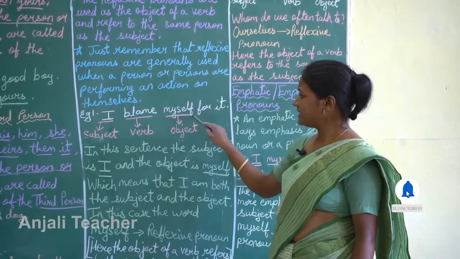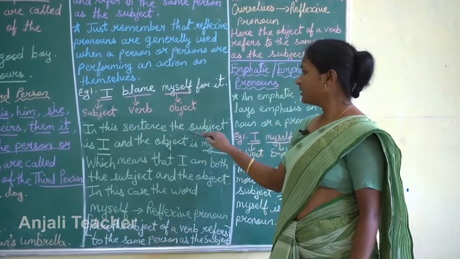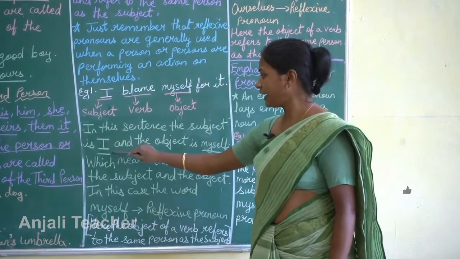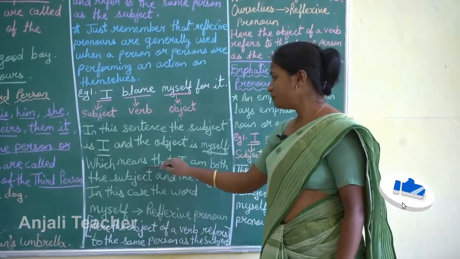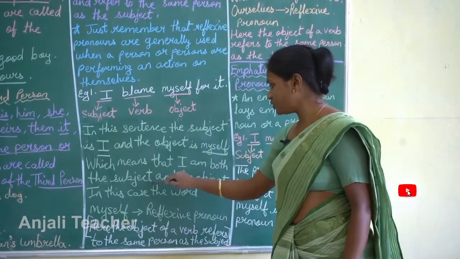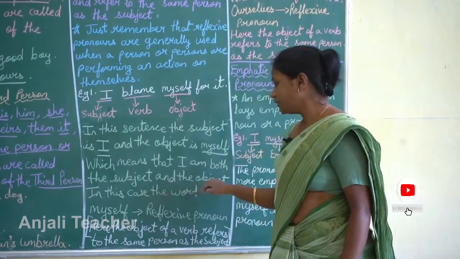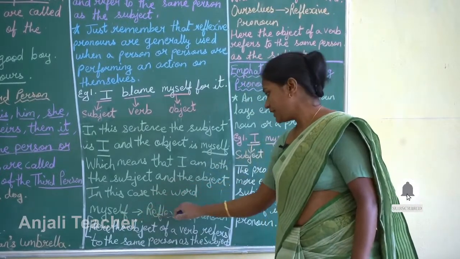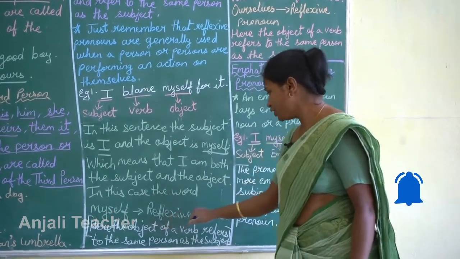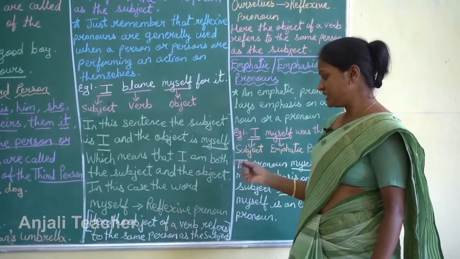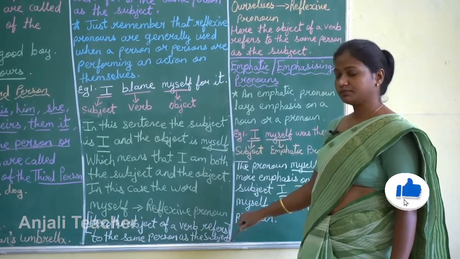I blame myself for it. In this sentence, the subject is I and the object is myself, which means that I am both the subject and the object. In this case, the word myself is the reflexive pronoun. Here the object of a verb refers to the same person as the subject.